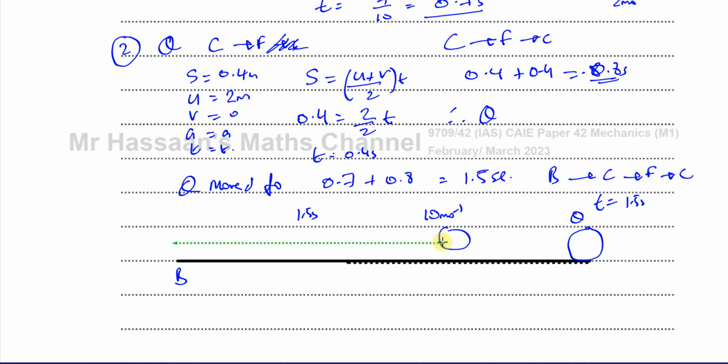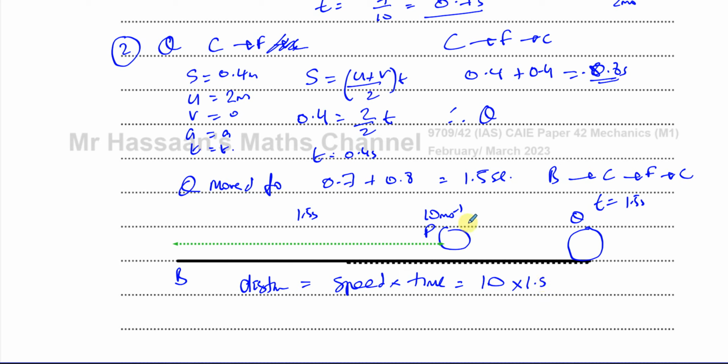So P has moved this distance in 1.5 seconds. Speed equals distance over time, so the distance traveled is speed times time, since it's a constant speed.